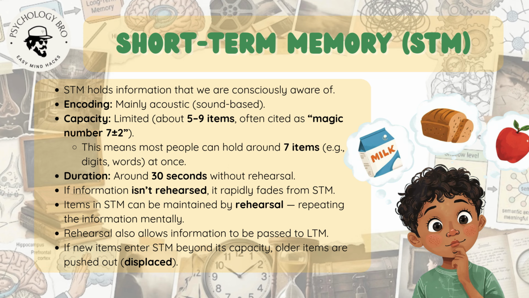If new items enter STM beyond its capacity, older items are pushed out, or displaced. The duration of STM is around 30 seconds without rehearsal. If the information isn't rehearsed, it rapidly fades. However, items in STM can be maintained by rehearsal, which involves repeating the information mentally. Rehearsal not only maintains the information but also allows it to be passed into long-term memory.